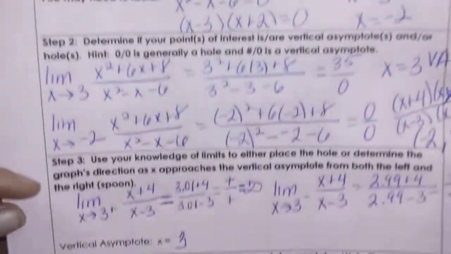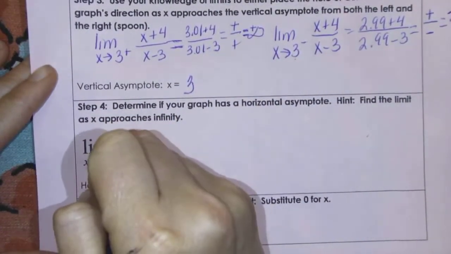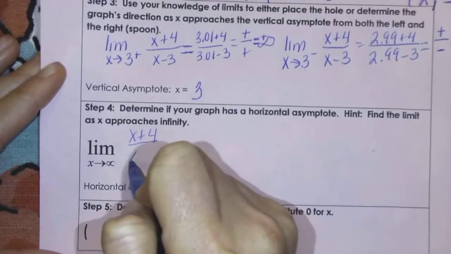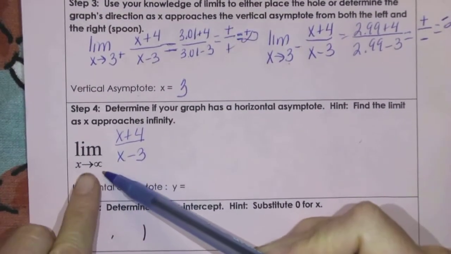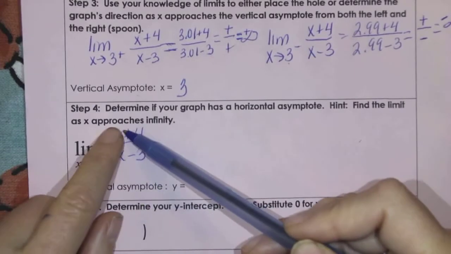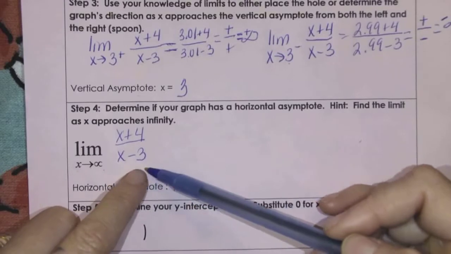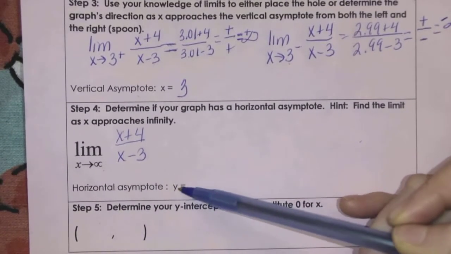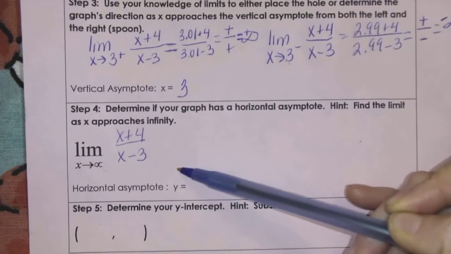I like to bring the reduced one to work with. It's smaller. I'm going to go down here to step 4 and fill in limit as x approaches infinity of x plus 4 over x minus 3. If you plug in infinity, infinity plus 4, infinity minus 3, is this top heavy or bottom heavy?